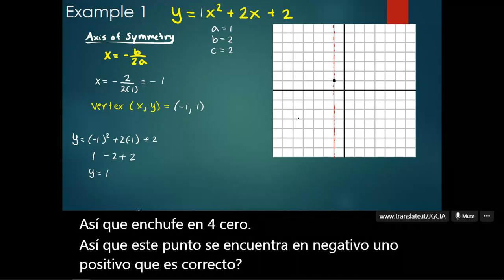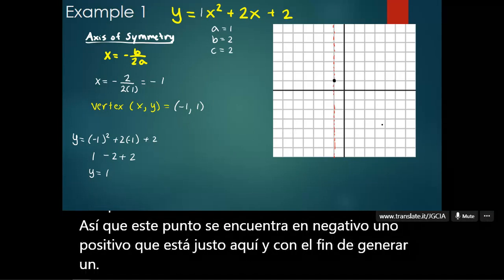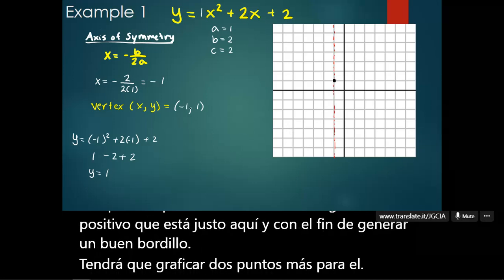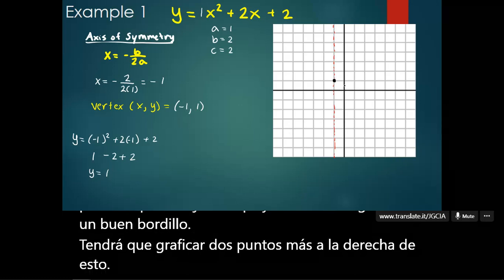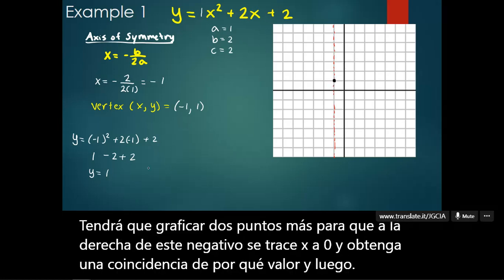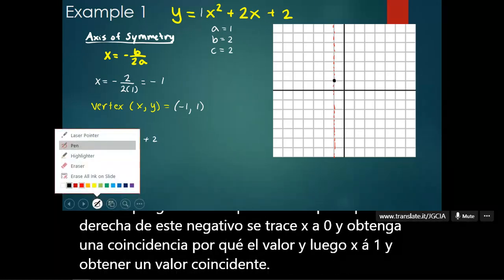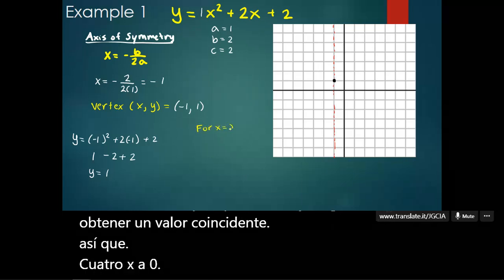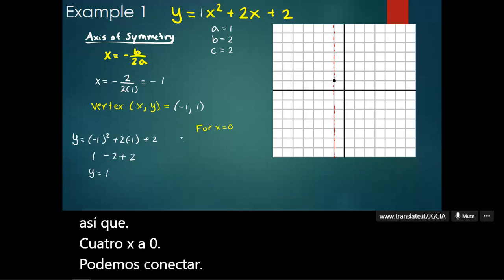And in order to generate a nice curve, we'll need to graph 2 more points. So to the right of this negative 1, we'll plot x equals 0 and get a matching y value, and then x equals 1 and get a matching y value. So for x equals 0, we can plug in 0 into this equation.